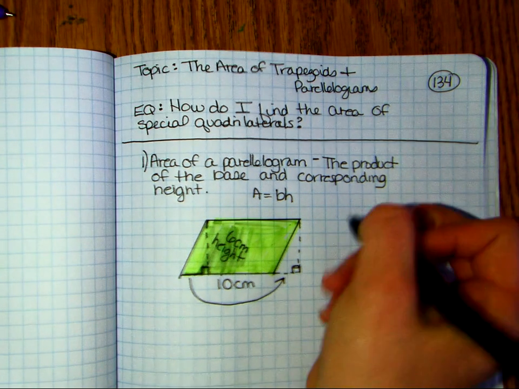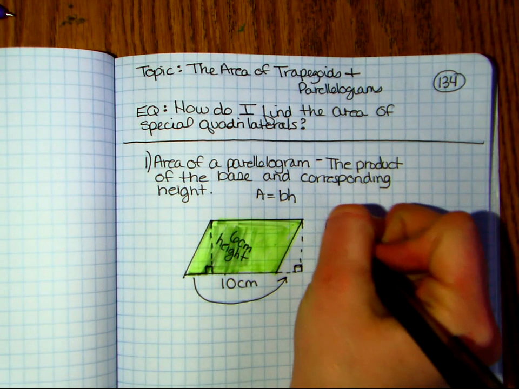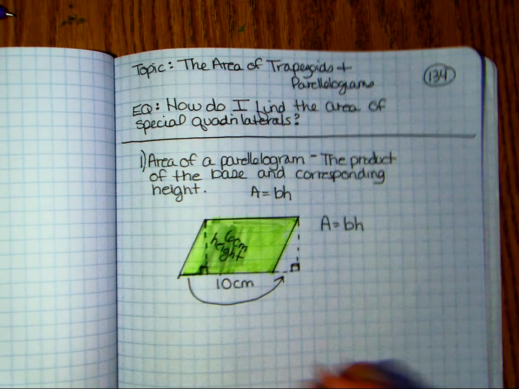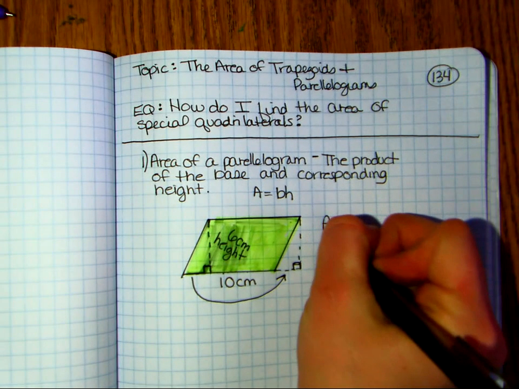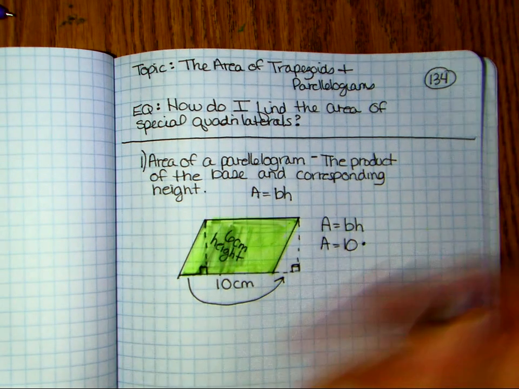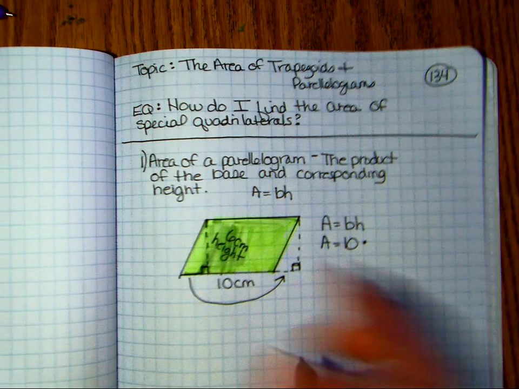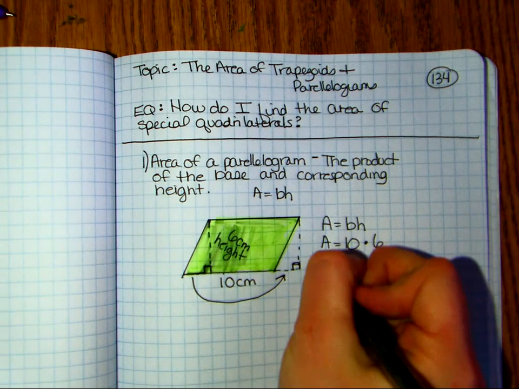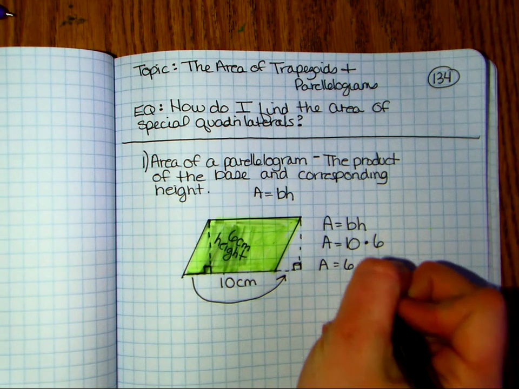Alright, so now using our formula that I gave you, area equals base times height. In this situation, the base is given to you. It is 10 centimeters. So area would equal 10 times the height, which we said was 6 centimeters. 10 times 6 is what, class? 60. Thank you.